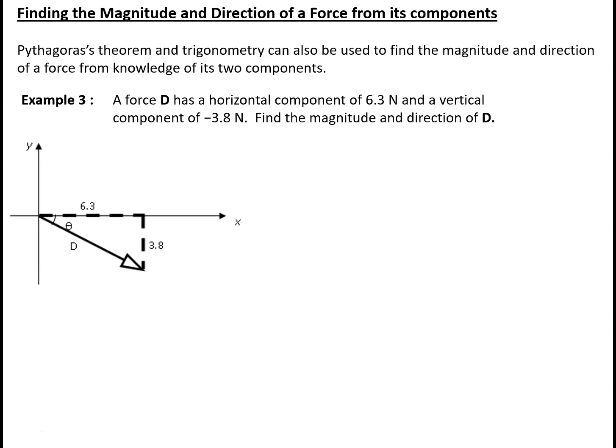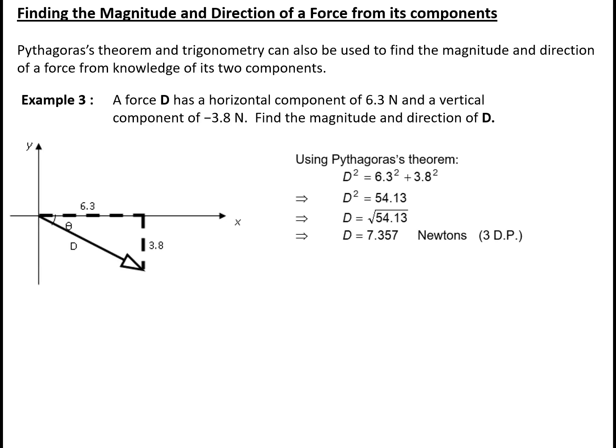From our right-angled triangle we can use Pythagoras to find the size of the force. So we've got d squared must equal 6.3 squared plus 3.8 squared. So that gives me d squared is 54.13. Take the square root, I get d is 7.357. So the magnitude of the force is 7.357 newtons.